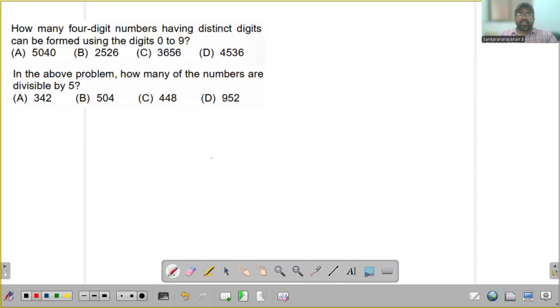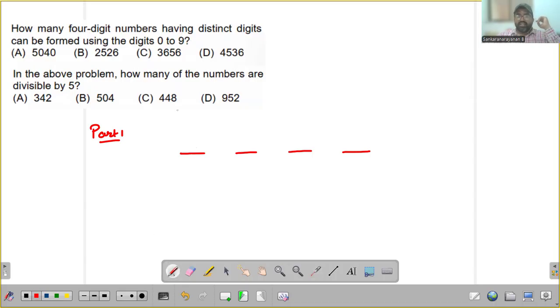We are dealing with a 4-digit number, having distinct digits, which means I cannot repeat a digit which is already used. You are considering all the digits from 0 to 9, which is 10 digits.